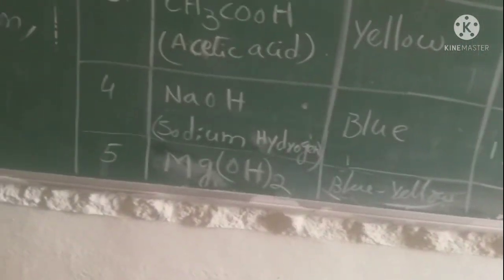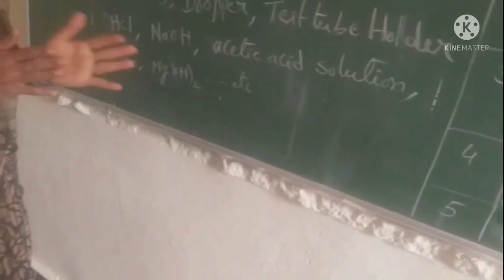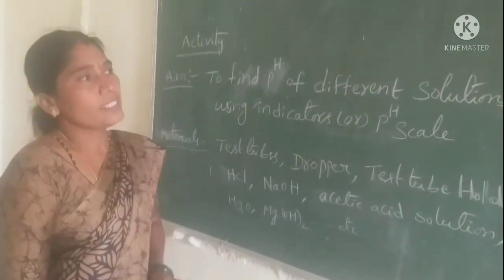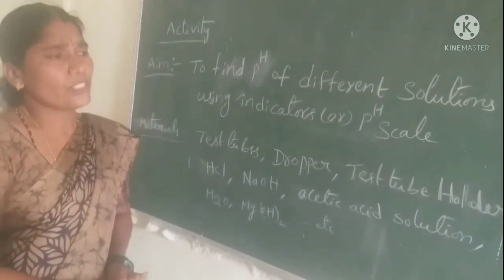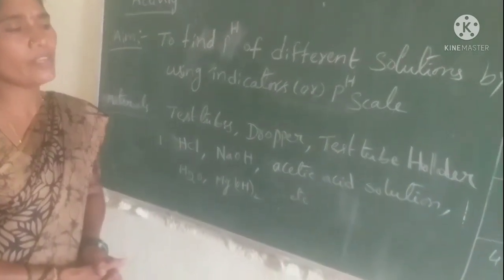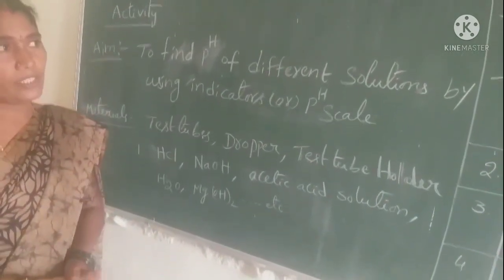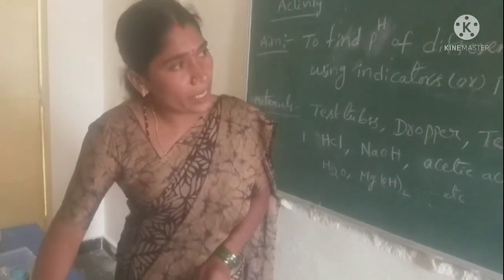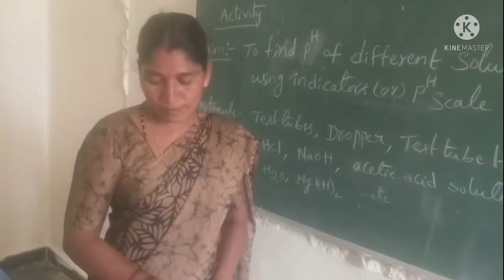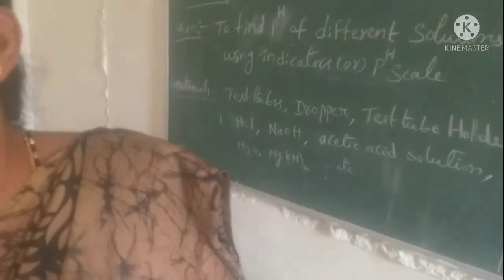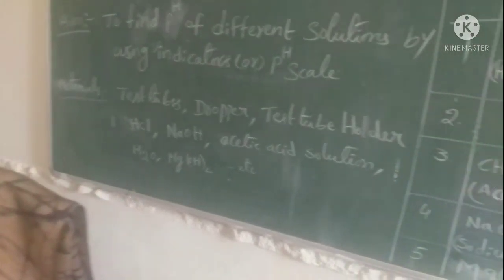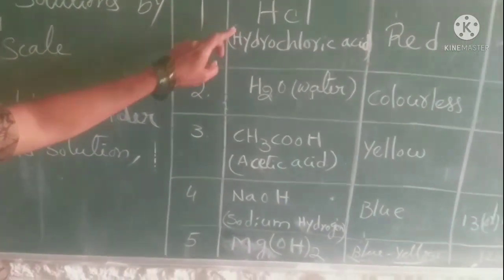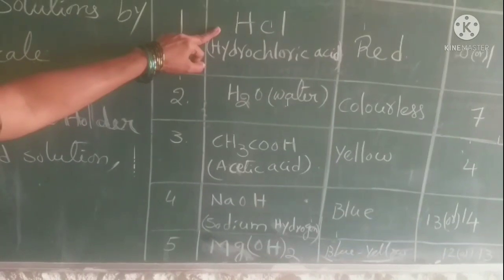Okay, children, we find the pH of different solutions by using indicators. Which acid is strong? Which base is strong? Which acid is weak? Which base is weak? We learned in this topic. HCl is a strong acid.